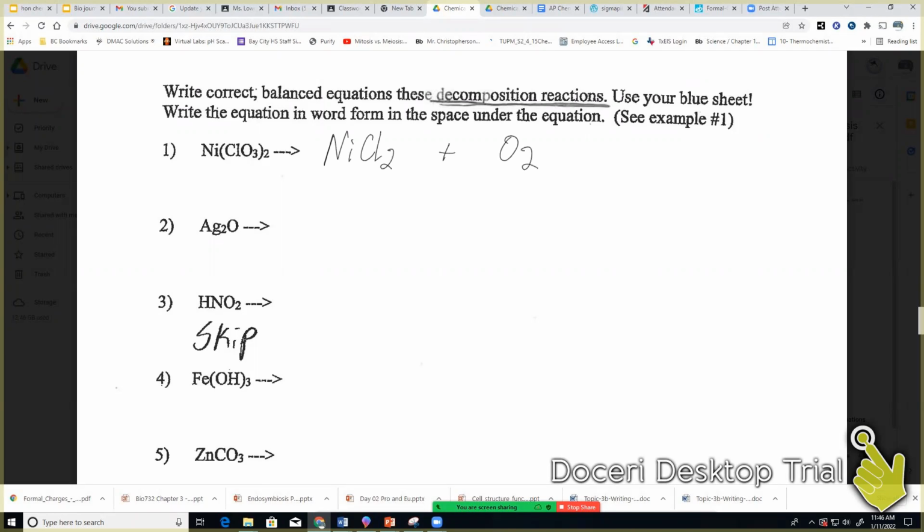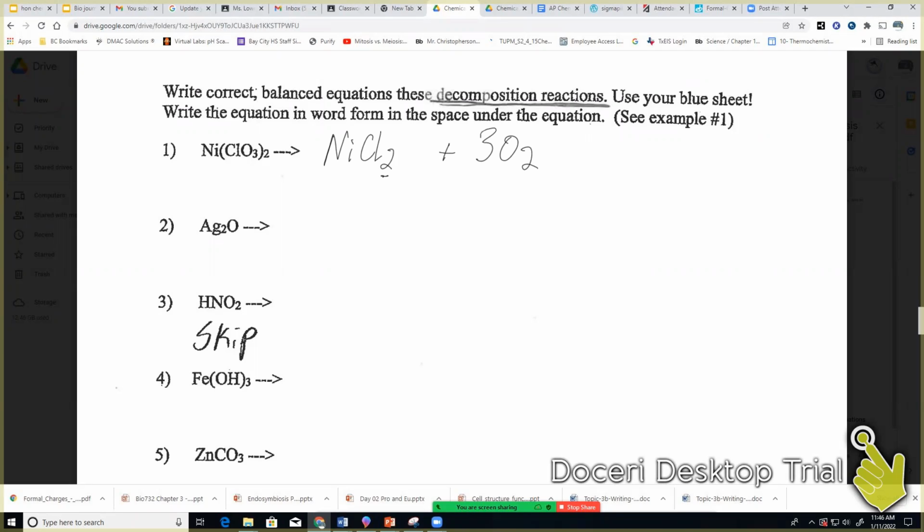And once again, this had the 2 because nickel's a +2. All right, then we would need to do some balancing. What do we need to do to get this one balanced? Put a 3 in front of the oxygen, and that is balanced.